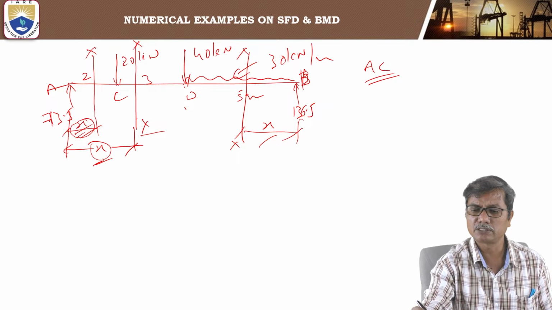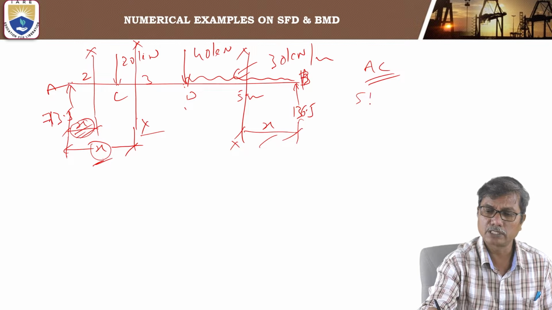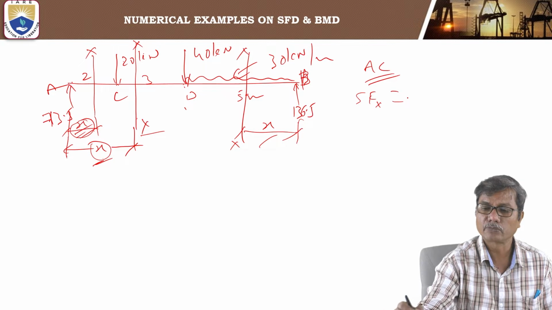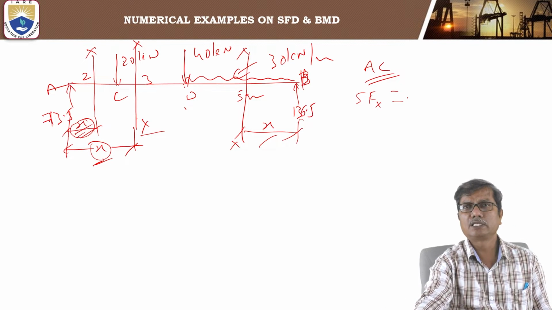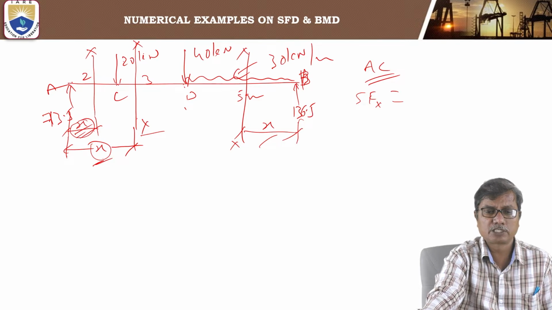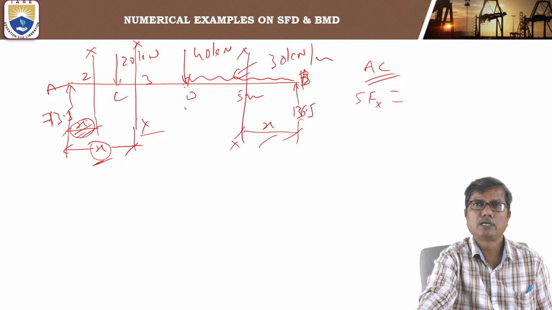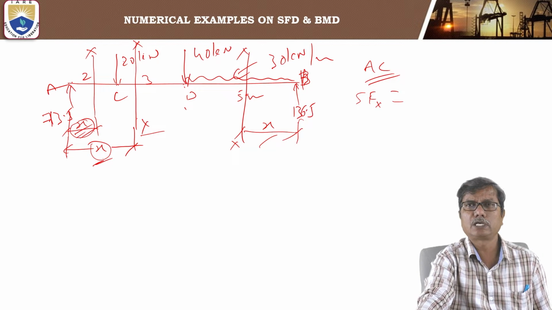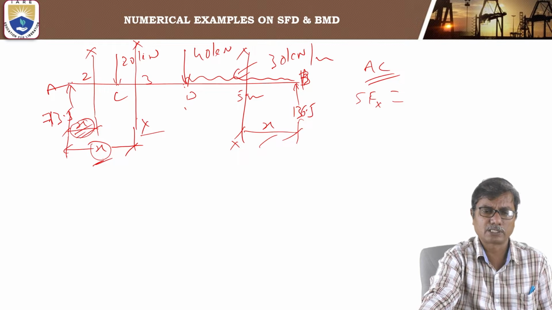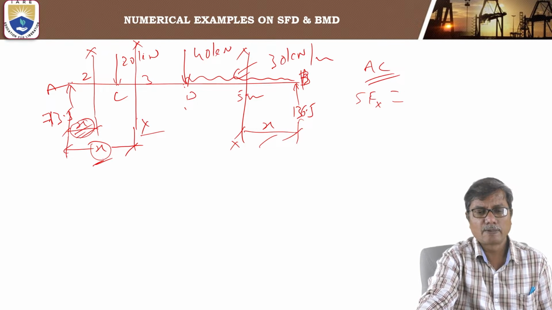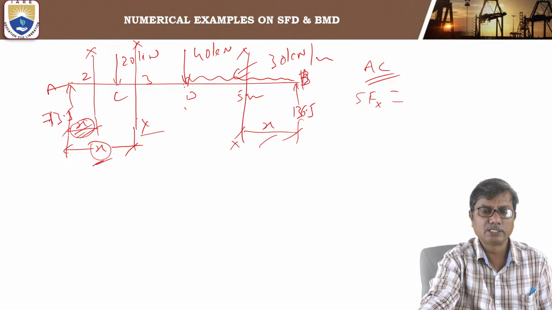Portion AC we consider. So what is the shear force at this section? Shear force at any section is the algebraic sum of the forces acting either to the left side or to the right side. That's what we have defined it as. Okay, so shear force at x, considering left hand side, we are considering origin at A, so we are considering left side of the section.